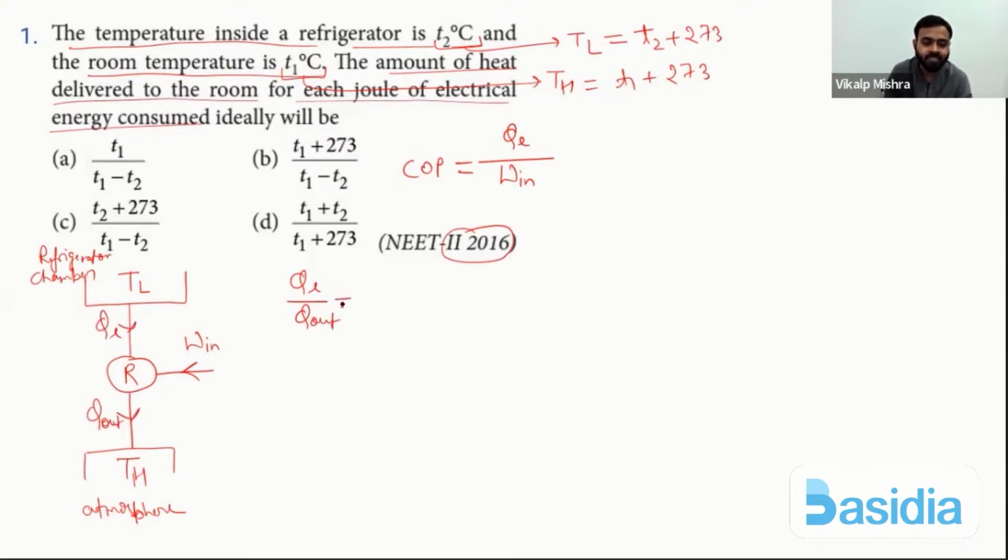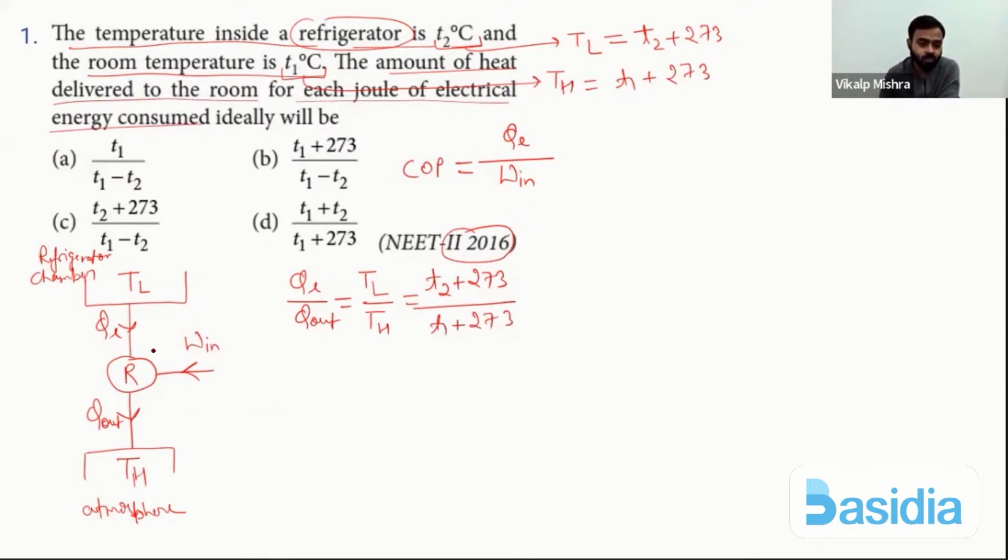So heat extracted divided by heat rejected, or heat out, is equal to TL by TH. It is an ideal refrigerator. It is not given here, but we can assume it; in all questions, we can assume all refrigerators are ideal. So QE is related to TL, and Q out is related to TH. TL is T2 plus 273, and TH is T1 plus 273.